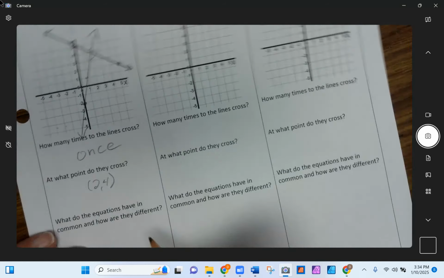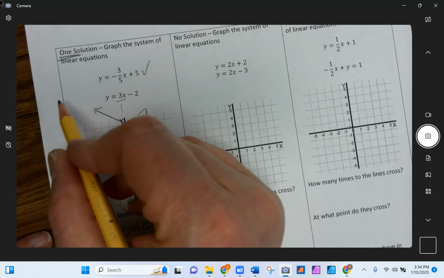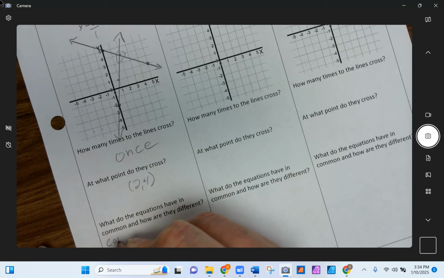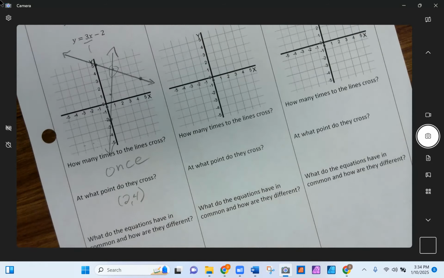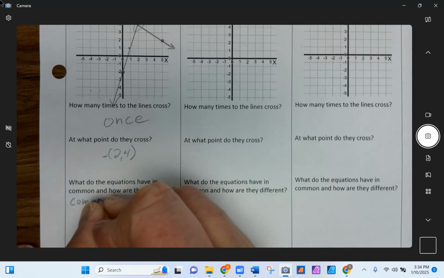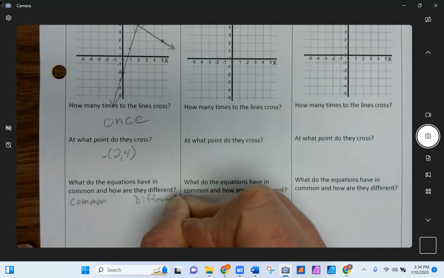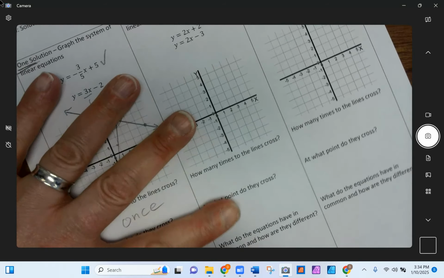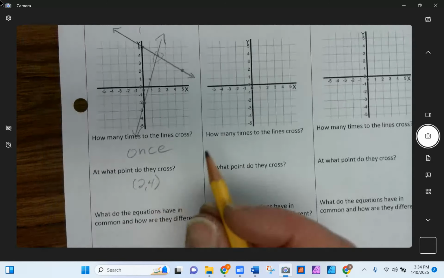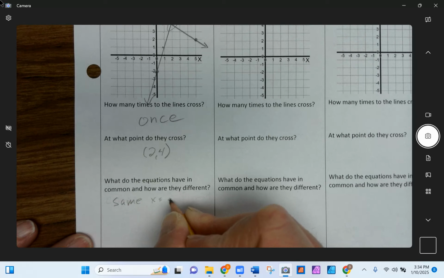What do the equations have in common and how are they different? Well, we can see that they each have y and x as their variables. So in common, they have the same x's and y's.